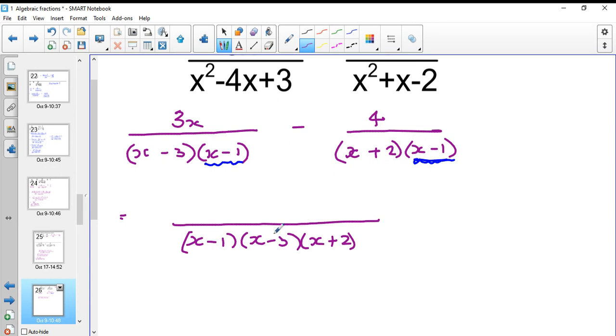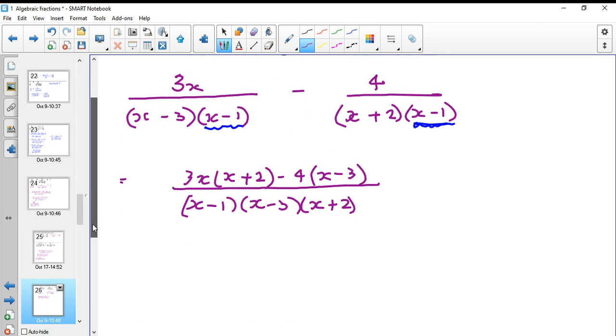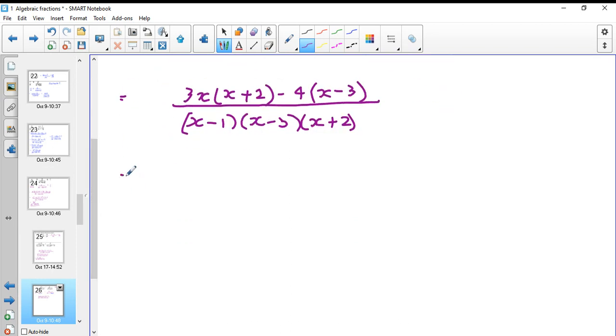So we've got a cubic on the bottom rather than a quartic. Now we just need to adapt and be careful with that subtract. To get from here to here, we need to multiply by x plus 2, so 3x lots of x plus 2. To get from here to here, we need to multiply by x minus 3, so we've got minus 4 lots of x minus 3. Just use some brackets and be careful with those negatives.